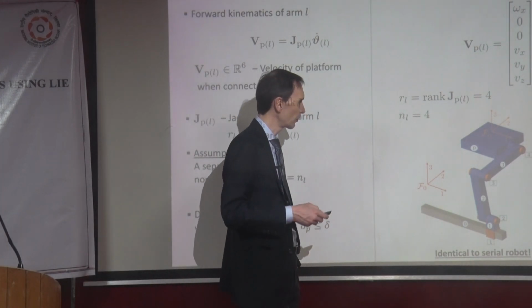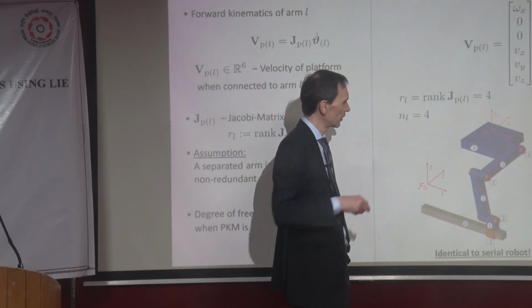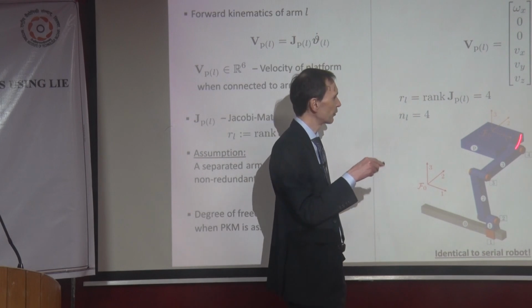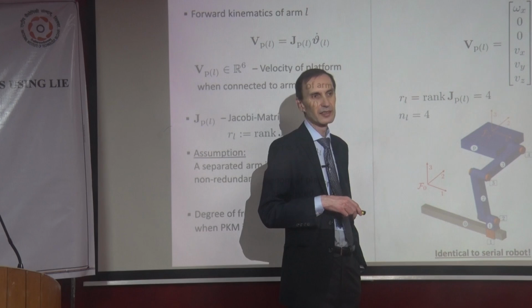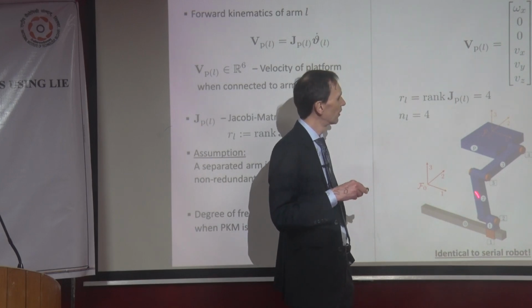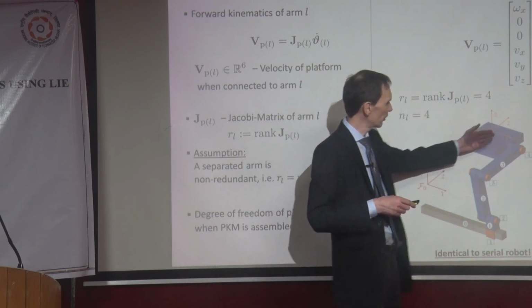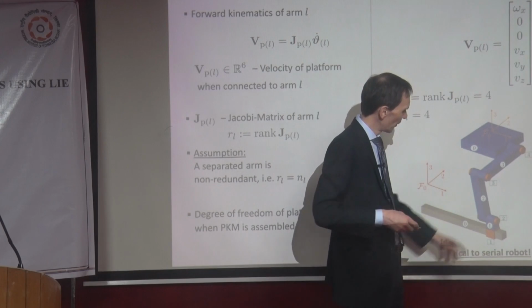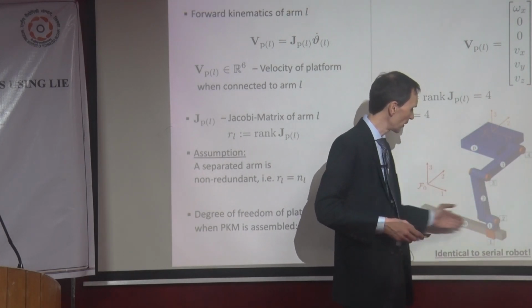Okay, what I'm talking about is the following. Now I can ask, what is the degree of freedom of the platform if it's only connected to this limb? The platform can rotate. So we have this kinematic chain that does this planar motion, and it does also this translation here.